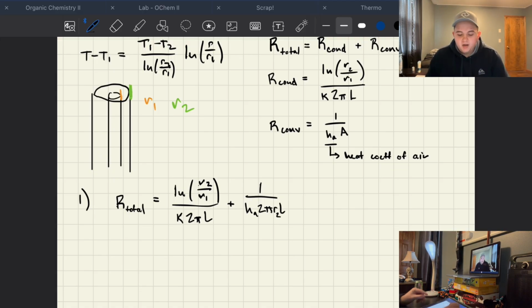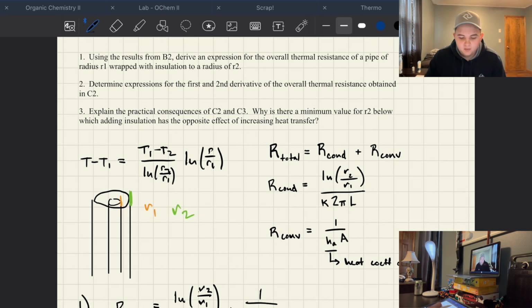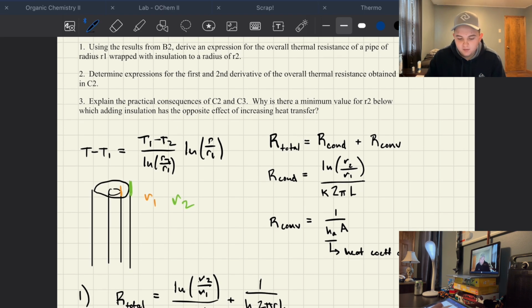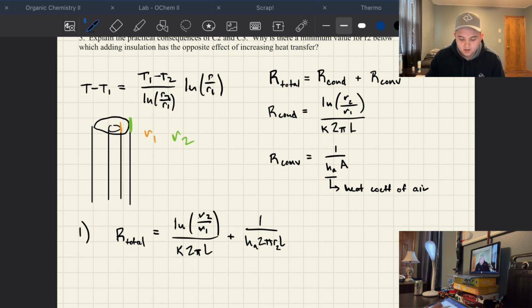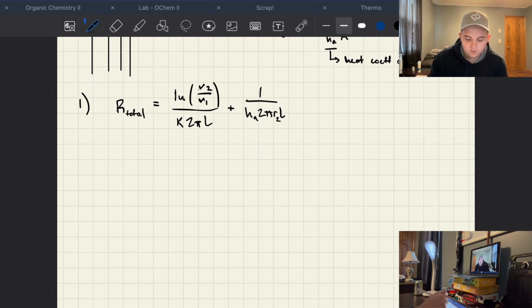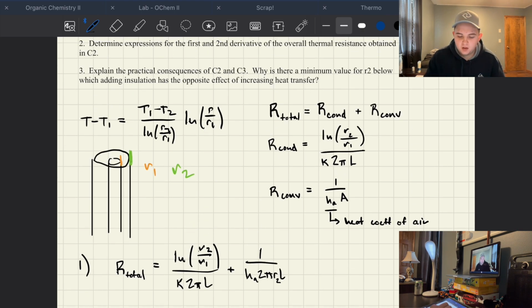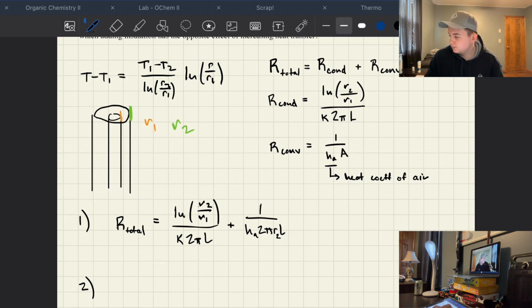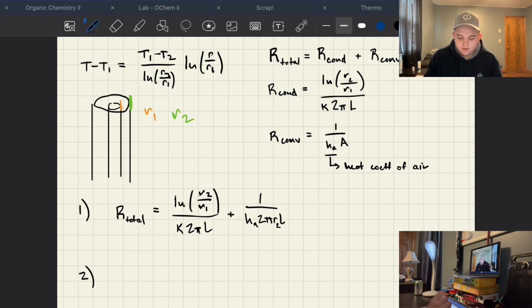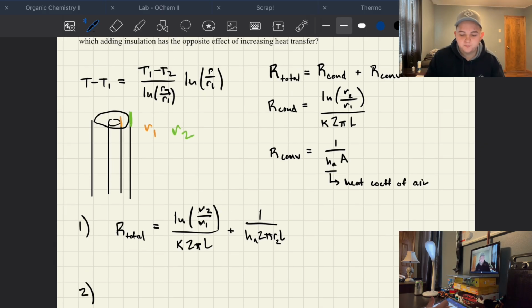So now what we need to do is what it says up here, do the first and second derivative. So that was part A. We have one here. So part 2, we're going to do our first and second derivative of these values, and we need to find our critical point and also our critical insulation, so our optimal insulation values.